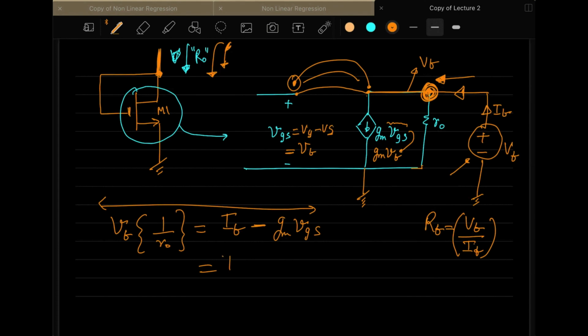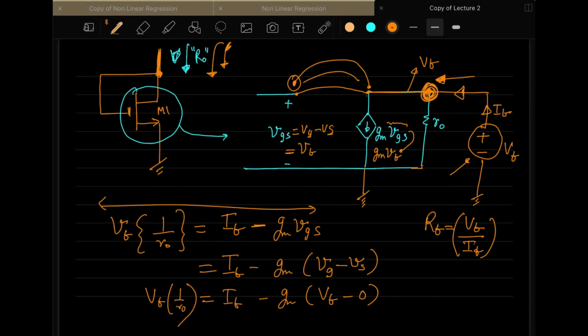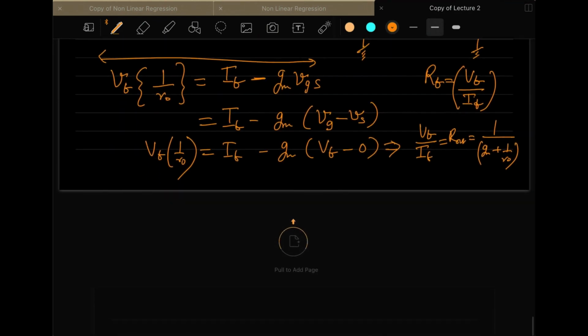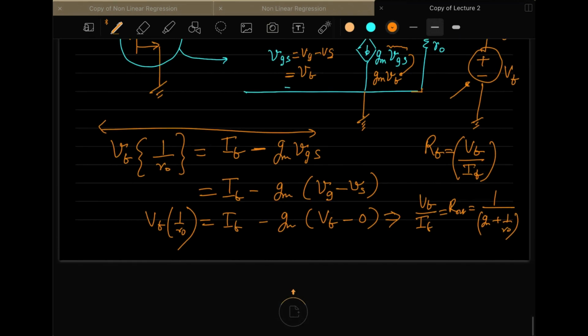And you know that VGS is VG minus VS, so VG will be VT, VS is 0, and then you have VT times 1 over RO. If you simplify this expression, you will get VT over IT, which is your output resistance, as 1 over GM plus 1 over RO. So this is the output resistance for this MOSFET M1.